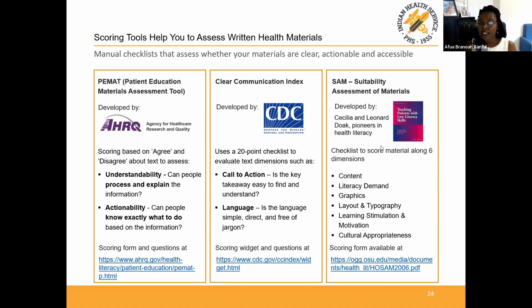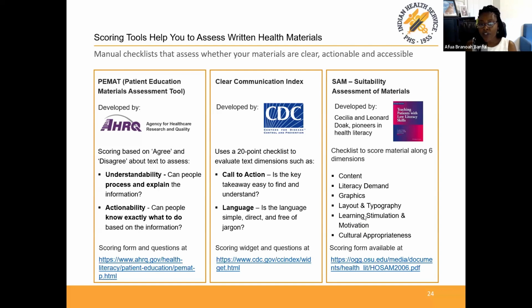And then there is this one developed by some health literacy pioneers. It's called SAM, and it's also a checklist, but they have a very specific number of dimensions that they measure along.